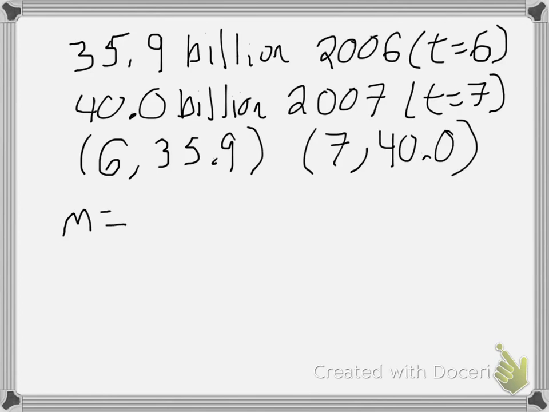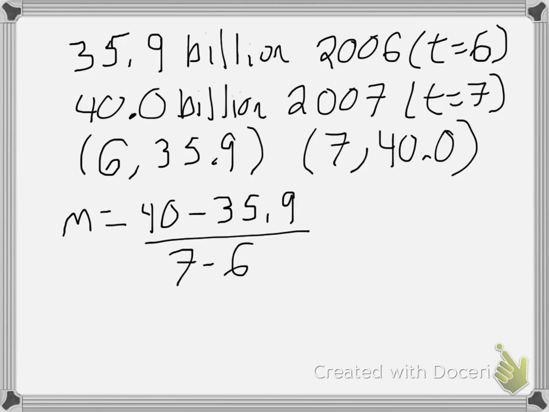y2 minus y1, so 40 minus 35.9 over 7 minus 6. So we end up with $4.1 billion during that year. So now what we want to do is get our equation.